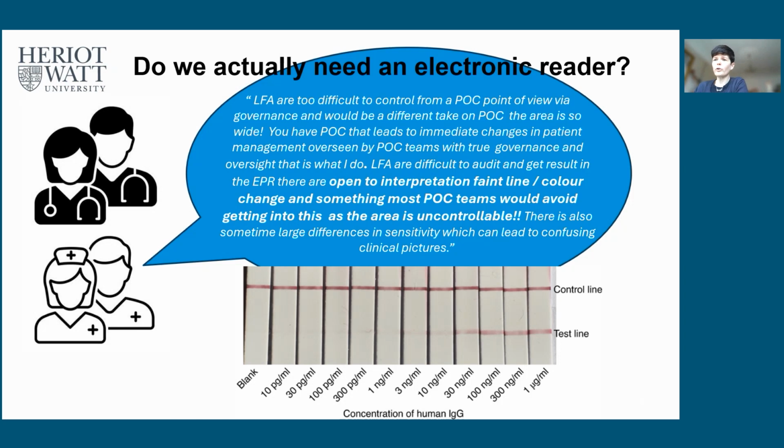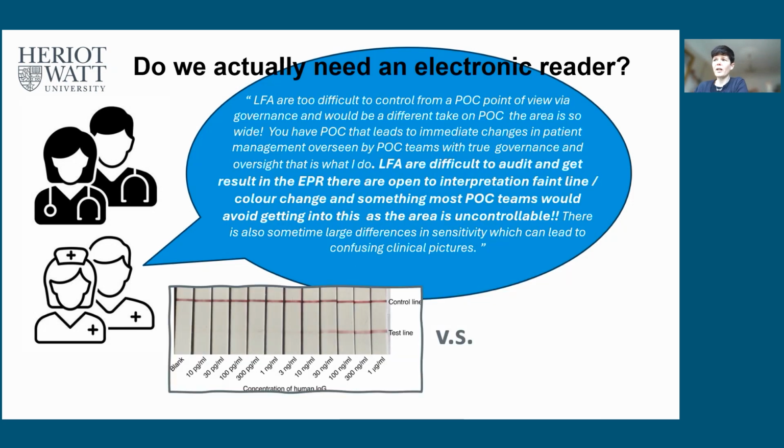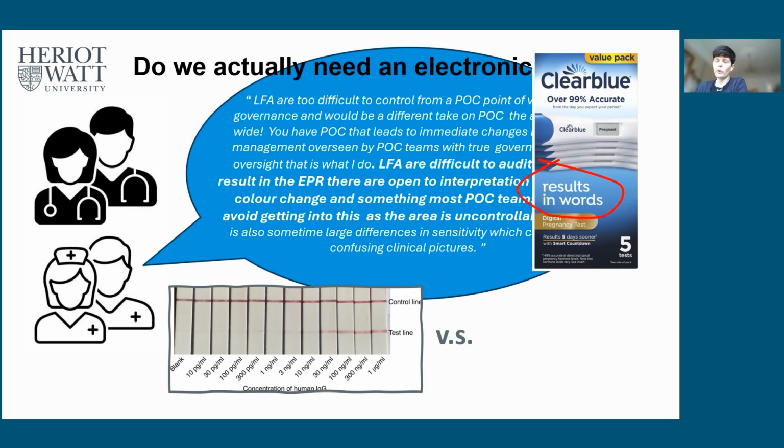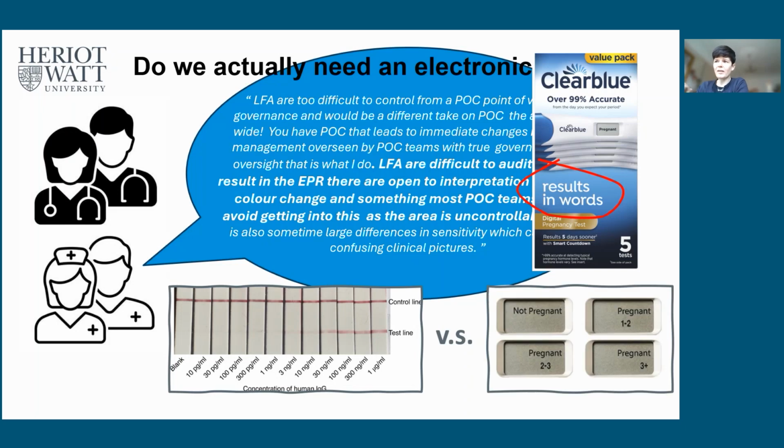And that's what has been marketed by the Clearblue digital pregnancy test when it came back. It gives results in words, that is to say, in this case, pregnant or not pregnant, but it could also be HIV or no HIV or similar life-changing results.